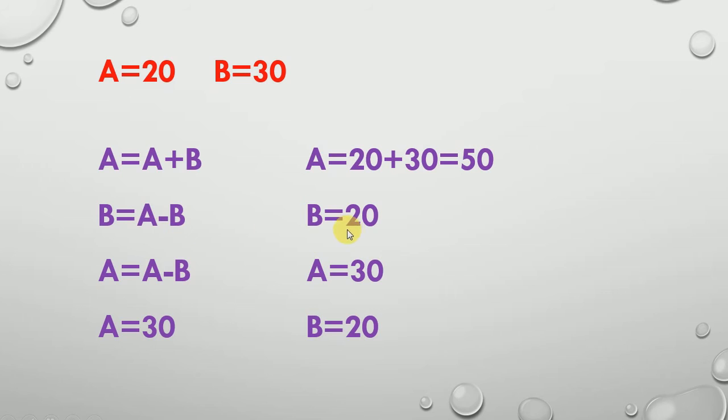Now coming to the third step, which is a is equal to a minus b. A was 50 in the last step and b is 20 in the last step, so 50 minus 20, which will be a is equal to 30. Now after performing these three steps, we will have a is equal to 30 and b is equal to 20, which is the swapped value of variables.